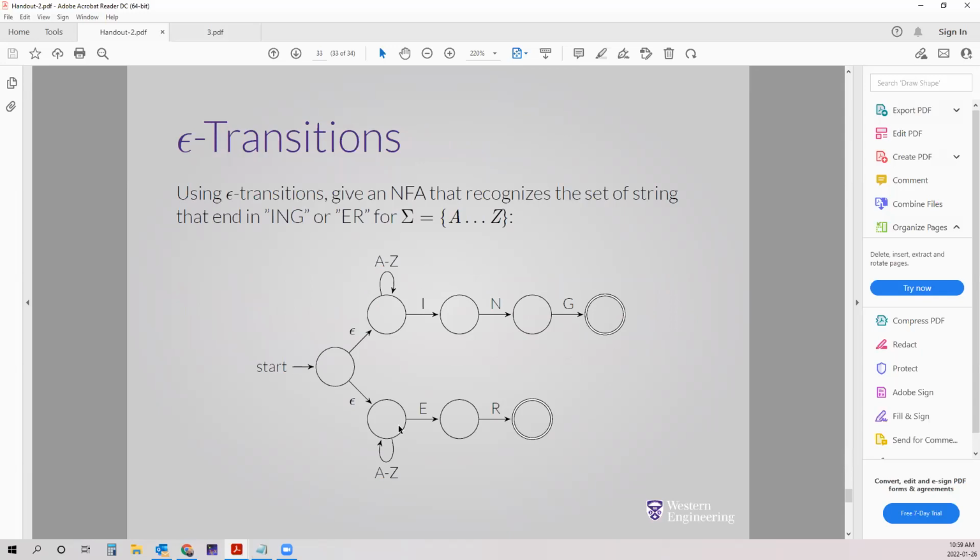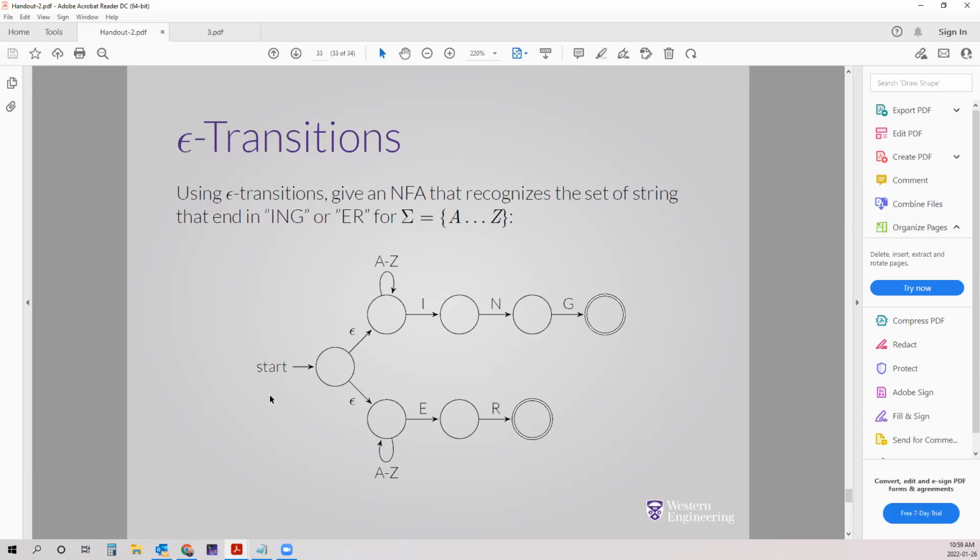So using epsilon transition, give an NFA that recognizes the set of strings that end in ING or ER, for the alphabet that consists of A capital to Z capital. Here I have two accepting options, either ending in ER or ending in ING.